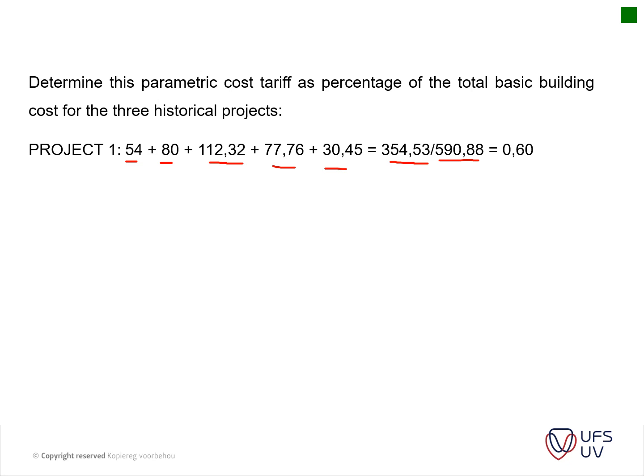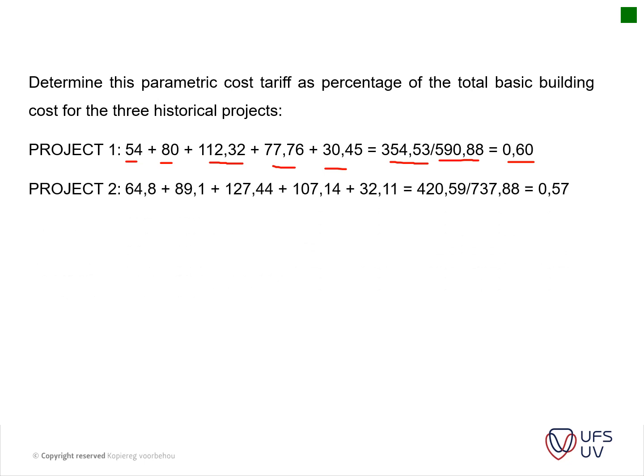So you calculate how much these items were, divided by your total basic building cost, to get a percentage of 60%. So you now know that these items amounted to 60% of your total building cost of project 1.